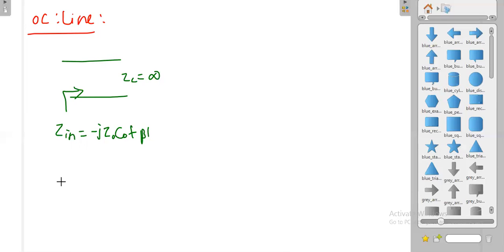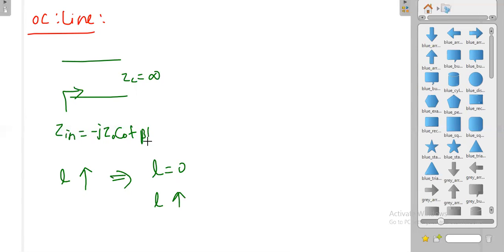That's okay. When you increase L, what happens to Zin? What is the contribution provided by cot βL? When L is 0, what is the value? Or when you increase L, what happens?